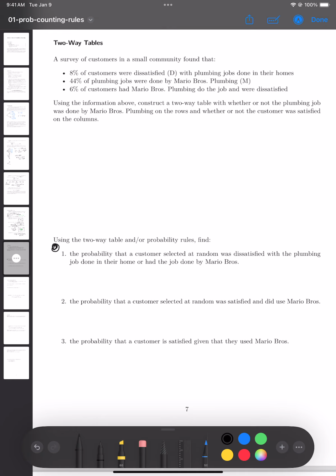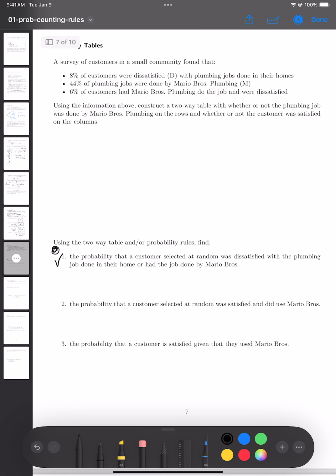Or we might be interested in this third conditional probability. This first one, I think you can answer using one of the rules that we discussed in a straightforward way. But these bottom two are a little less direct. And so that's really where this two-way table is going to come in handy.